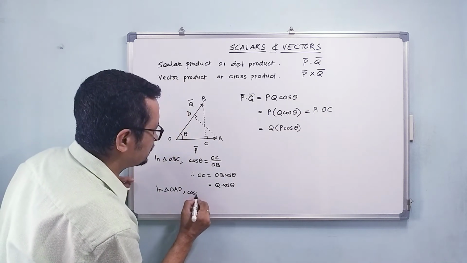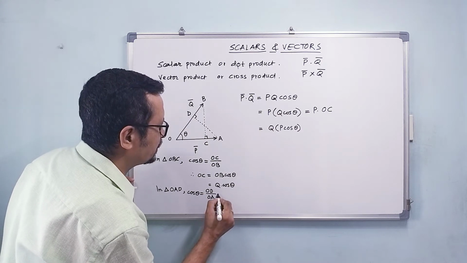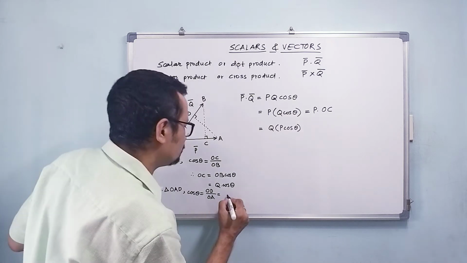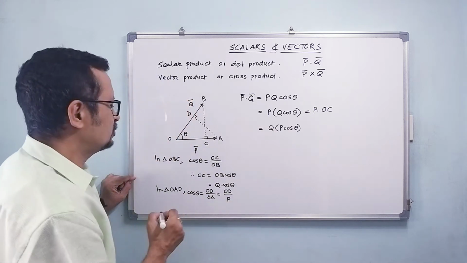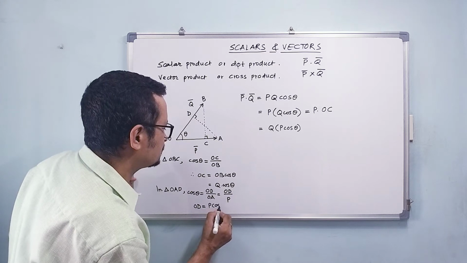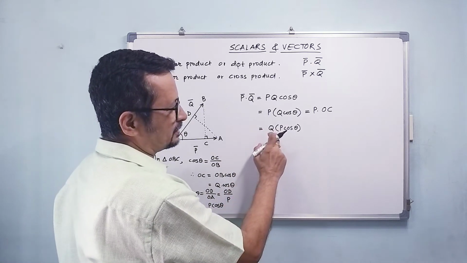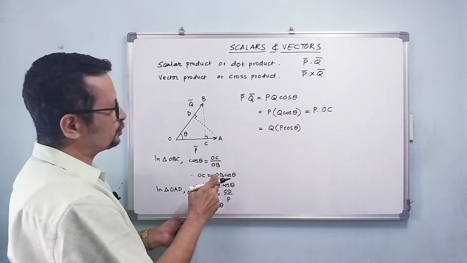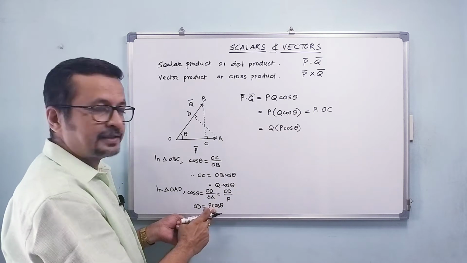So cos theta is OD upon OA. OA is the magnitude of P bar, so it is OD upon P. So OD is equal to P cos theta. See here, this Q cos theta I have substituted as OC, and now this P cos theta I'll put as OD.